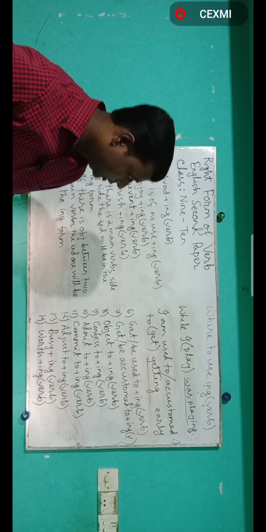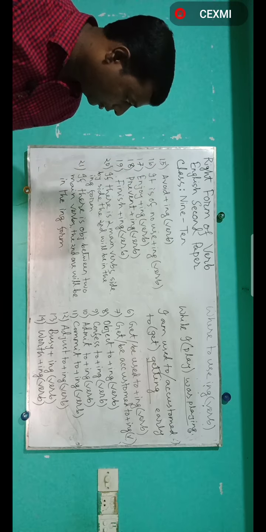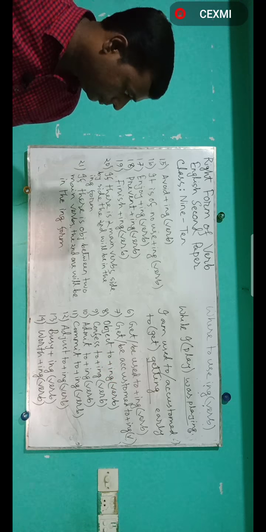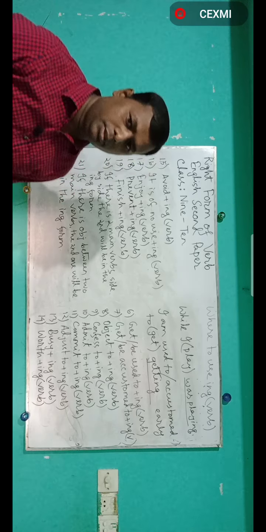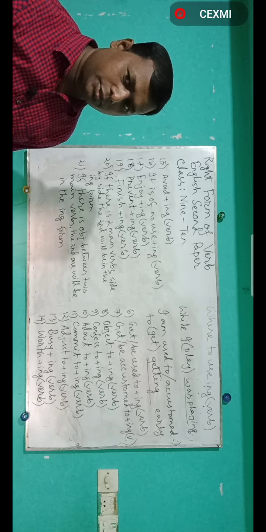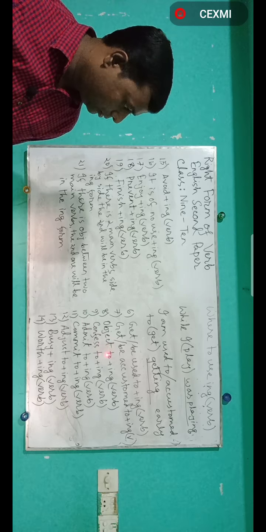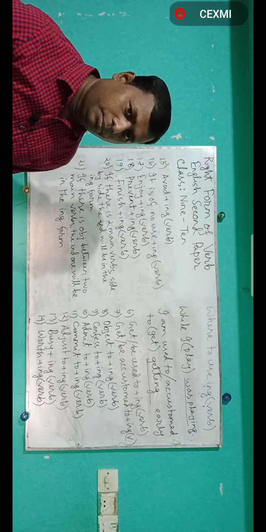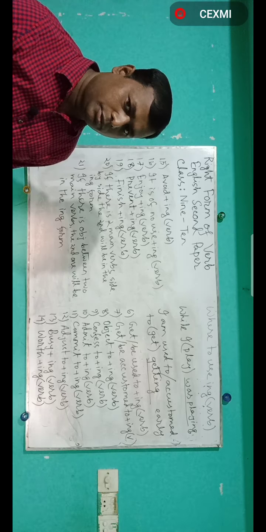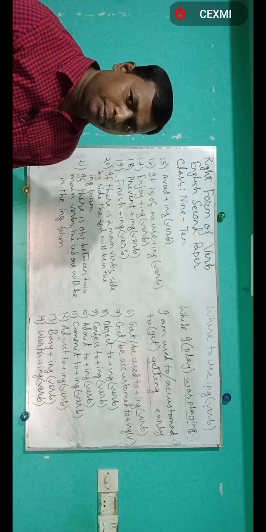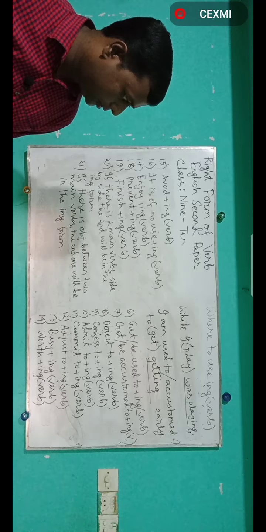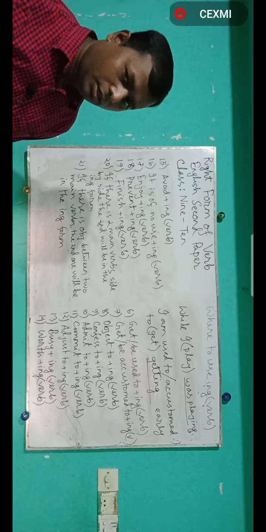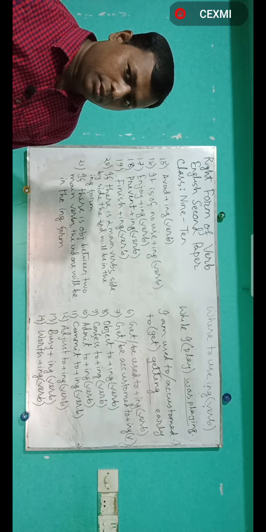Then come to the next one. After object to, ing form of verb is used. What do you understand by object to? Object to means make objection of. We know that after to, base form of verb is used, which I taught you in the previous class. Dear students, after some phrases ending in to, ing form of verb is used.